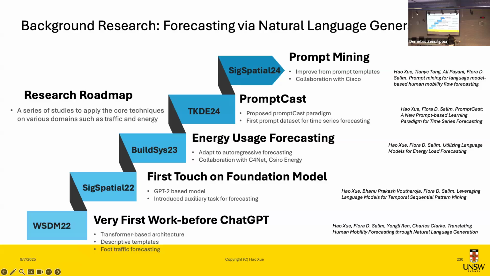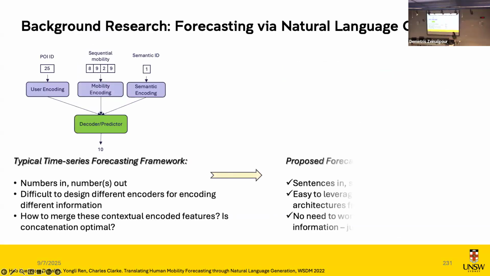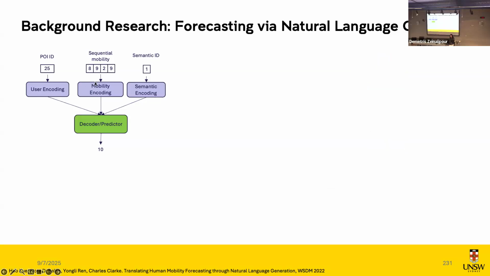Let me just take you through an example. I already showed you how you do forecasting with transformer-based architecture. You encode your historical data, right? And you embed information one by one, the information that you need to bring, and then numbers in and numbers out.